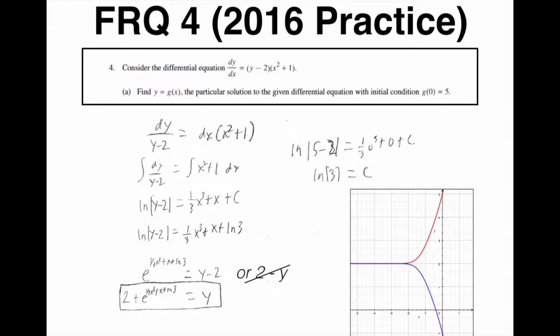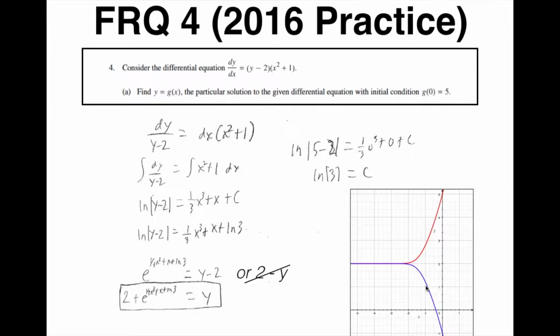I know it's not a calculator exercise, but this situation happens a lot when you have ln of absolute values of expressions, and it's always basically the same thing. If you keep both the y minus 2 and 2 minus y, it opens up a case like that, where for each x value, I have 2 values of y that are possible.